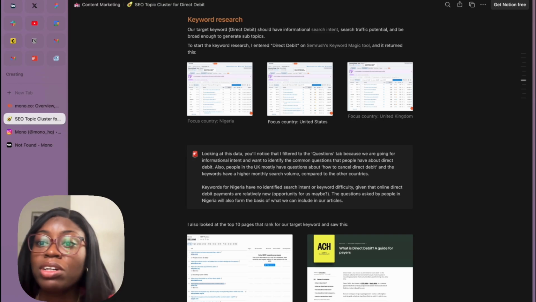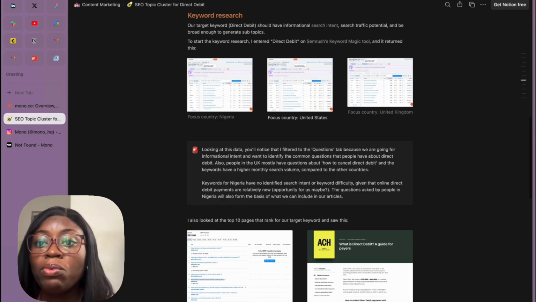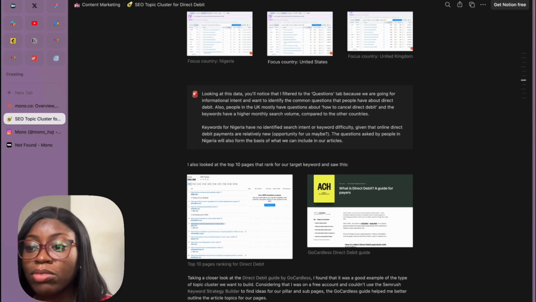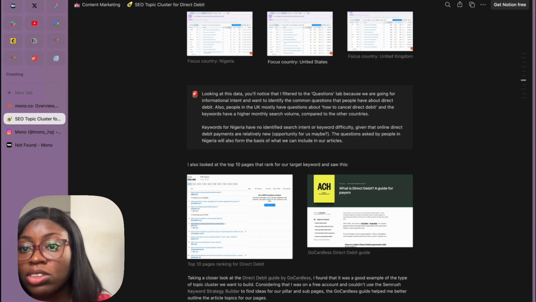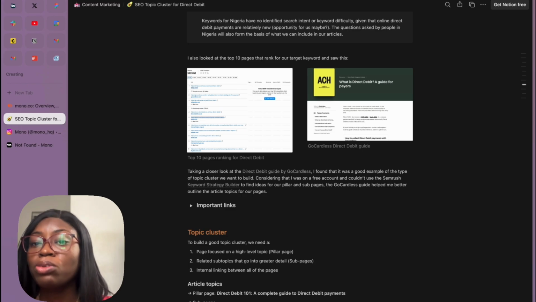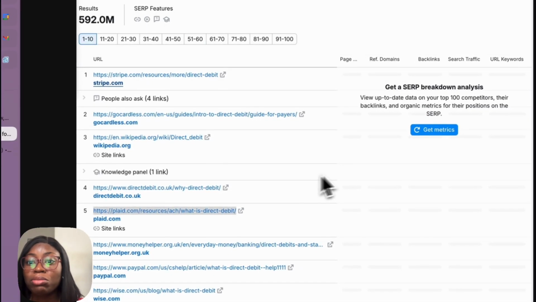And because you knew that people were asking questions, right? When I had identified what was going on and the questions people have, I started looking at the top 10 pages ranking for direct debit at the moment. From there, I was able to see some pages ranking for these keywords.